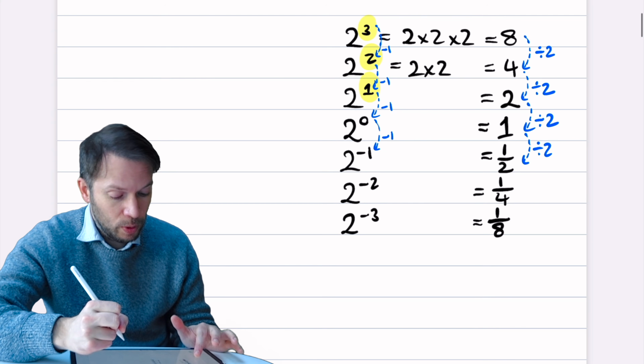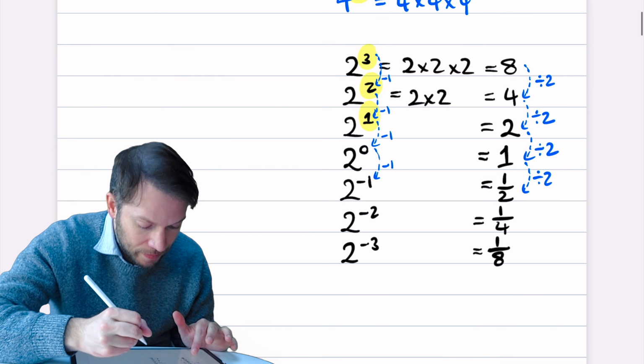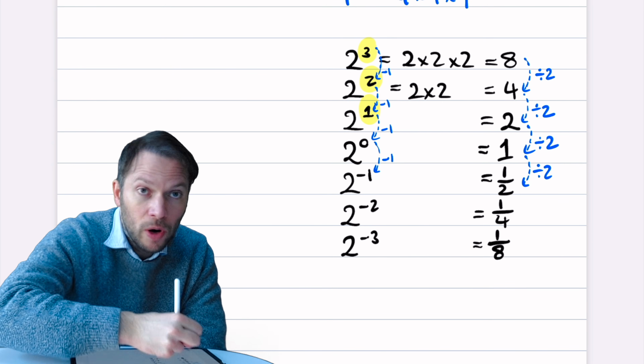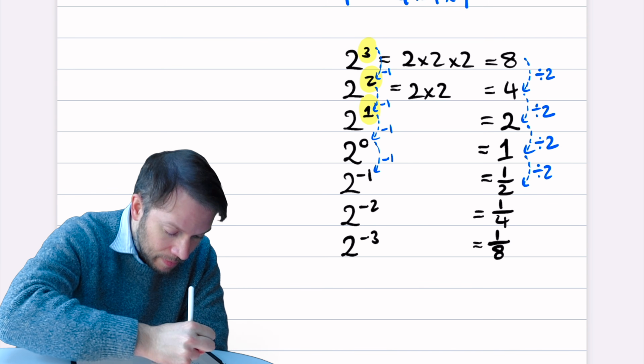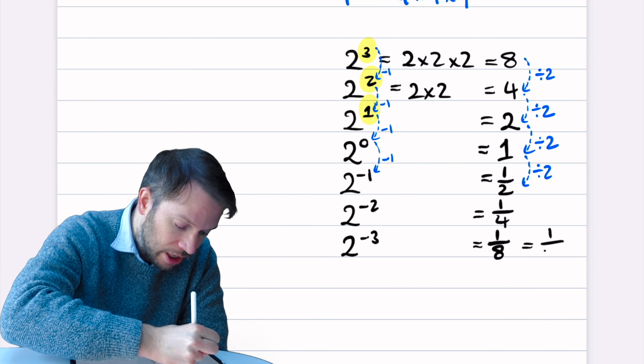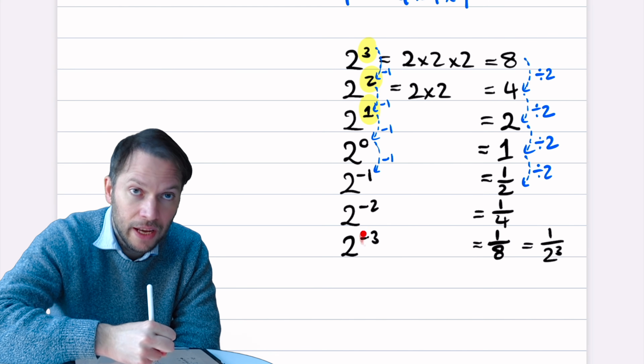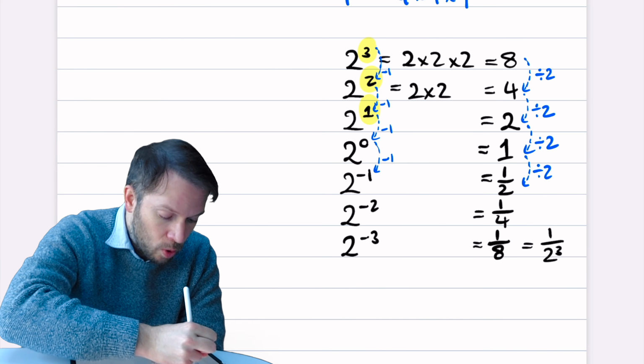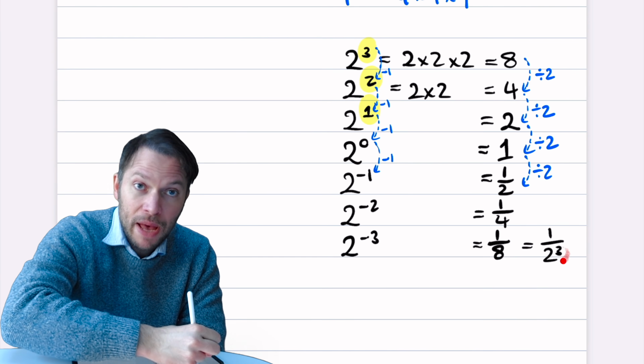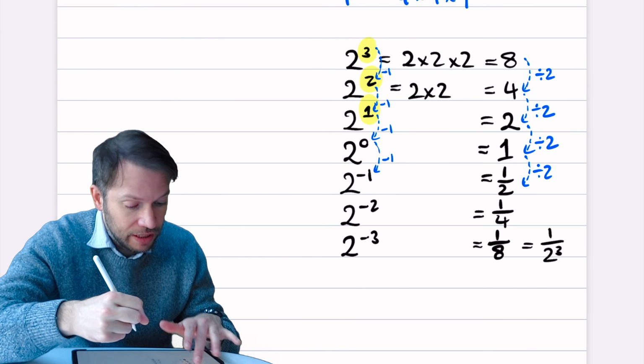So how could we work out 2 to the power of minus 3? Well, notice that 1 over 8 is the same as 1 over 2 cubed. So it seems that when we have a negative index like that, then we do 1 over that same power, but without the negative number. So let's apply that.